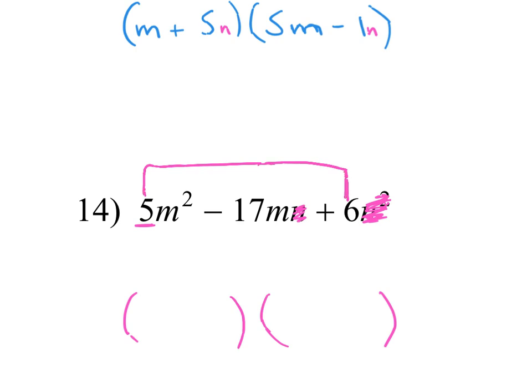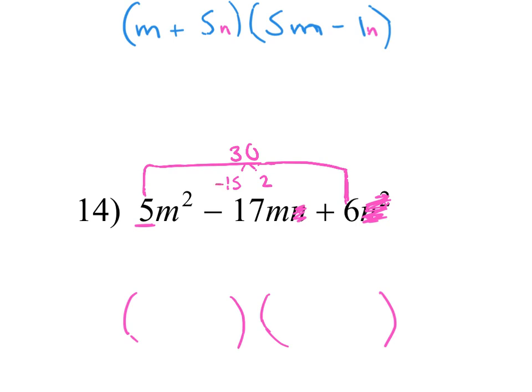30. What are two factors of 30 that add to negative 17? 15 and 2. They both have to be negative because we're looking for negative 17.